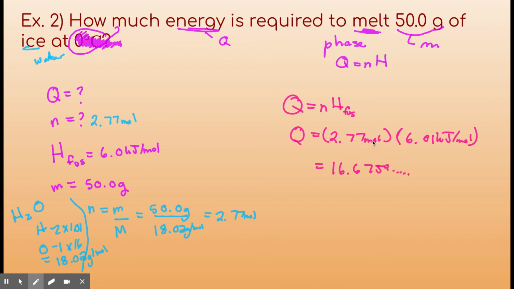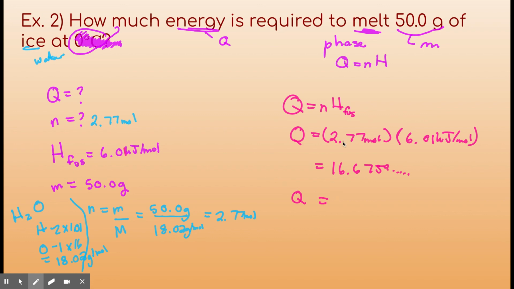Do not round or change your sig digs until the very, very end. I wrote down 2.77, but I actually used my full decimal that I calculated here, just so I didn't change any answers. So my full answer with significant digits should be 3 sig digs.